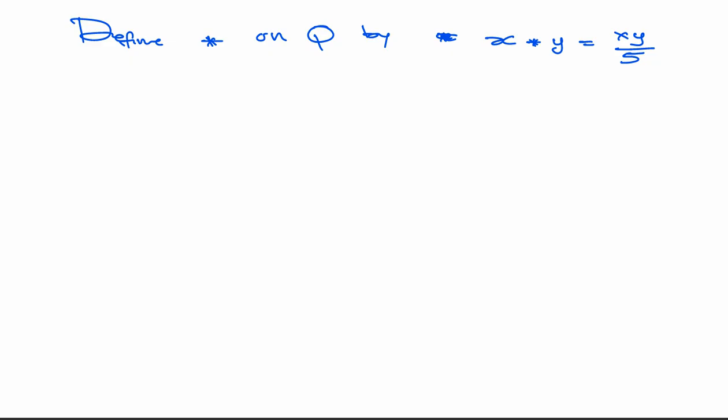Then we are asked to test for the above laws.